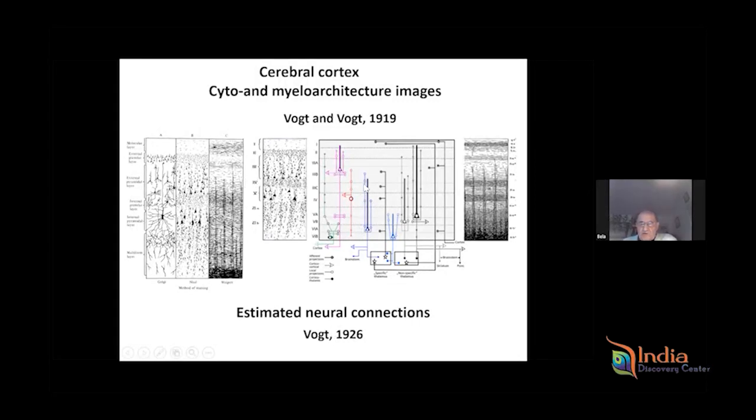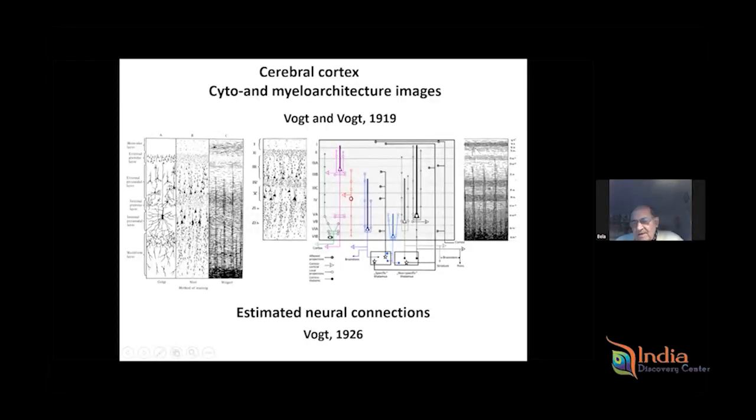Vogt, a German histologist, thought that there would be a vertically oriented connection between the neuronal cells, instead of the horizontal layering.